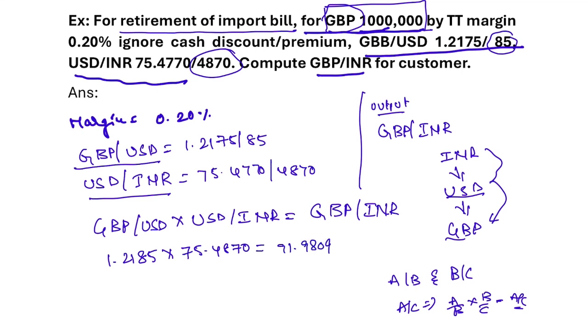This is GBP INR. But he has also given one margin, 0.20. What do we have to do? The bank is selling, and when the bank is selling the margin should be added. It's a plus of 20% margin. The 20% of 91.980 is nothing but 0.1839 if you calculate it. The final answer is what?